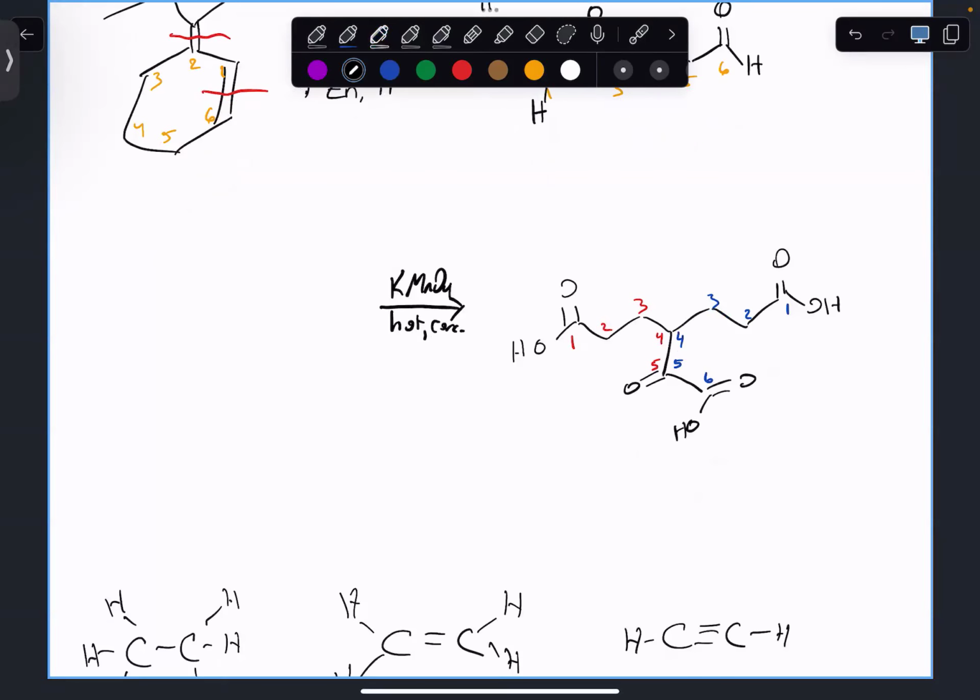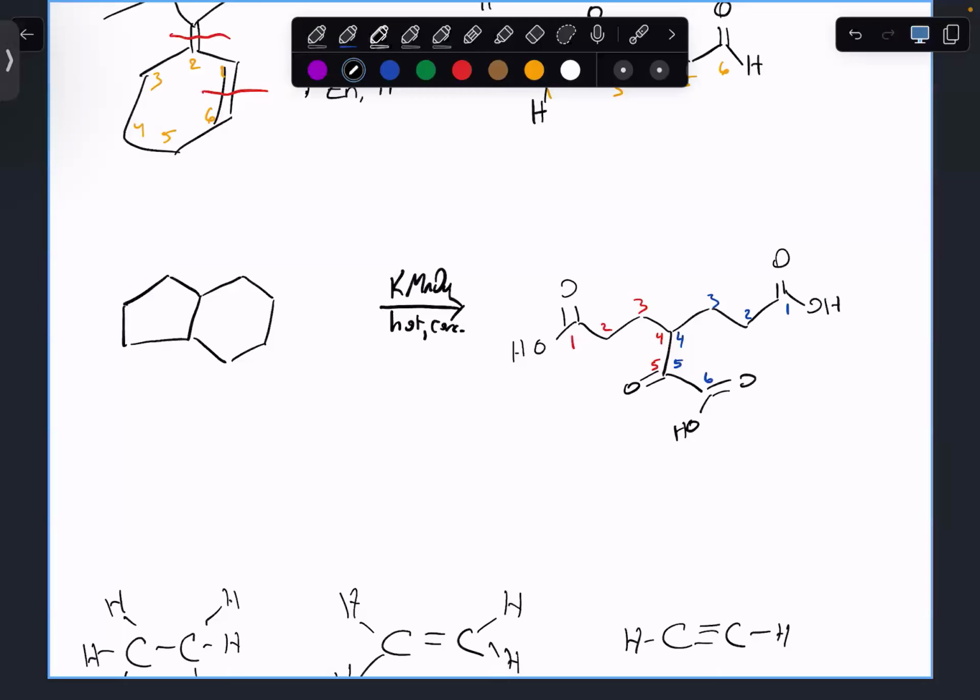Here again, we're going to have a five-membered ring fused to a six-membered ring. So I'm just going to draw the skeleton, and then we can worry about putting in the other stuff later. That is what I just described, a five-membered ring fused to a six-membered ring.